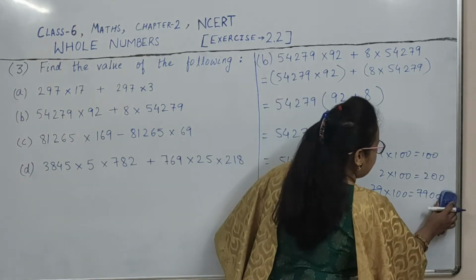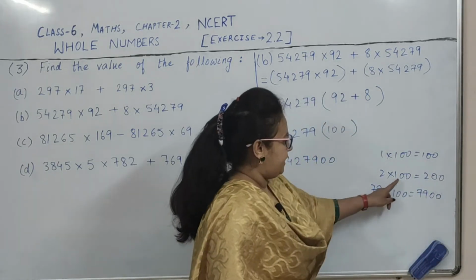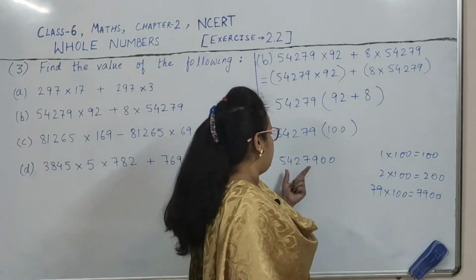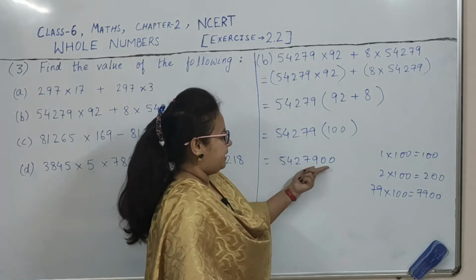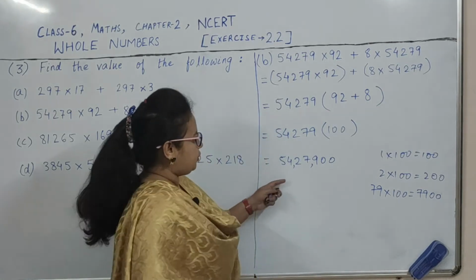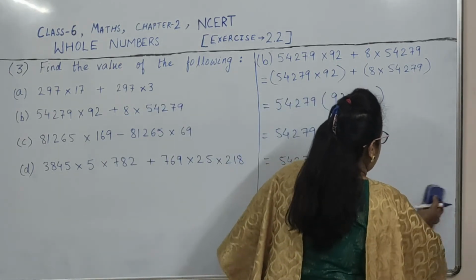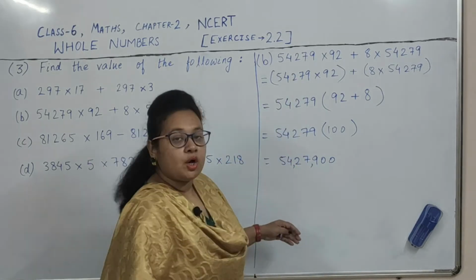So what we have to do? Anything multiplied to 100, then that number and 00. So this number multiplied to 100, then the number and then 00. So very easily we found the solution of this question.